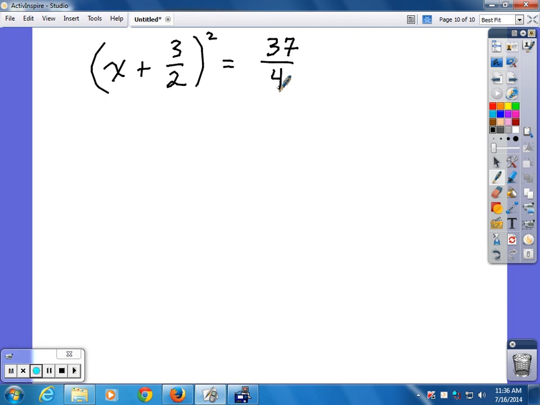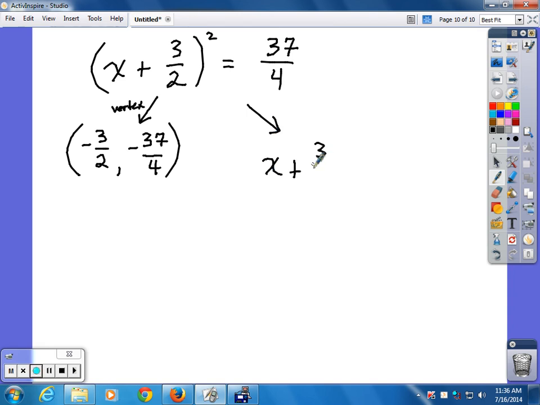So, take the square root of both sides, or find your opposite, and that's negative 3/2, comma, negative 37/4. And there's your vertex. And then we're going to solve it. x plus 3/2 quantity squared is equal to 37/4.